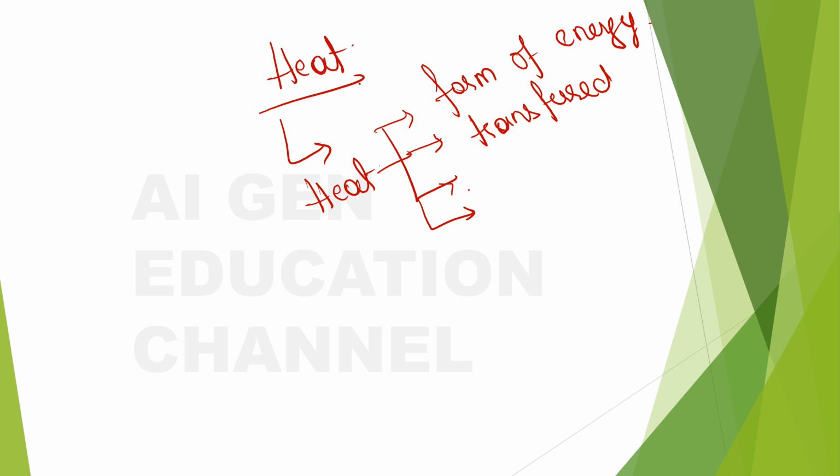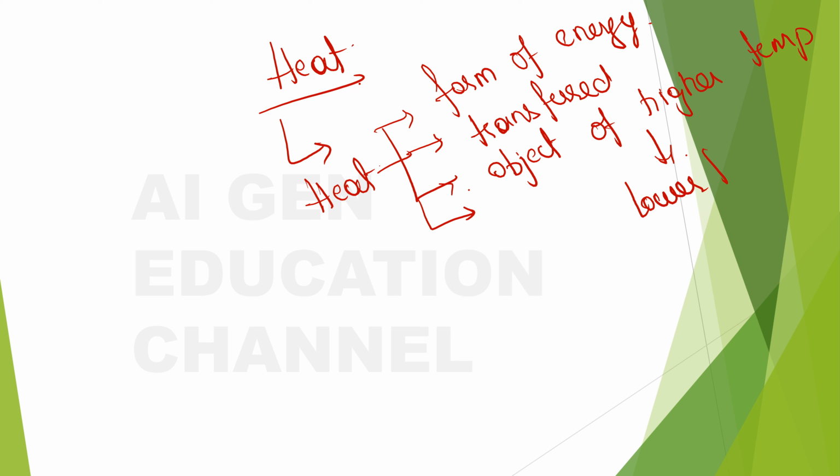Okay, what are the conditions of this transfer? The transfer happens from an object of higher temperature to an object of lower temperature. Okay, so from higher temperature object to lower temperature object.